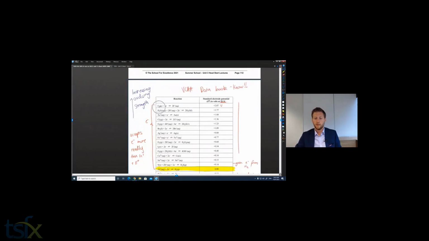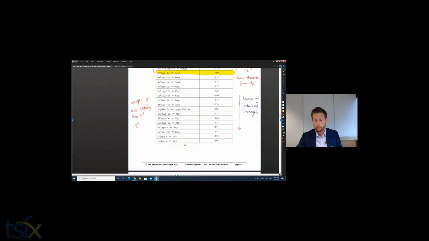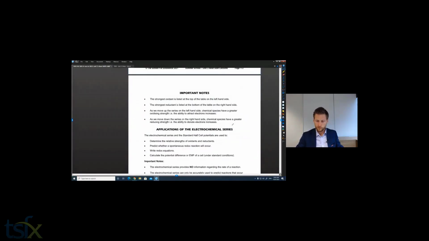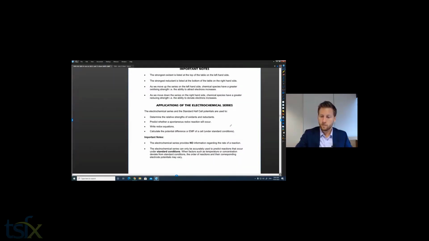Up the top left, you can see that they gain electrons really well, so increasing oxidizing strength. Bottom right, anything underneath hydrogen, they lose electrons to hydrogen, and therefore increasing reducing strength. All right, we're going to move on from there. Oxidants are on the left-hand side, reductants on the right-hand side.